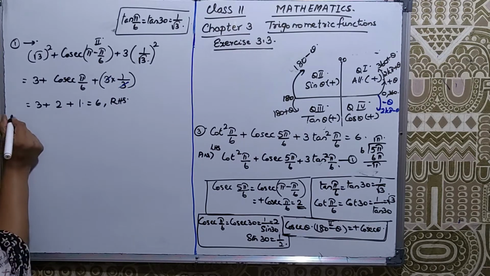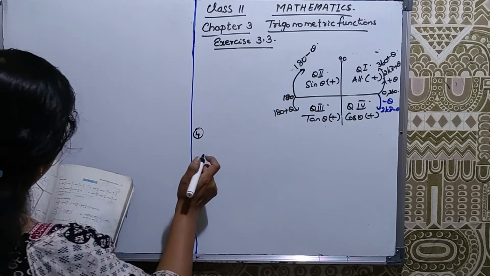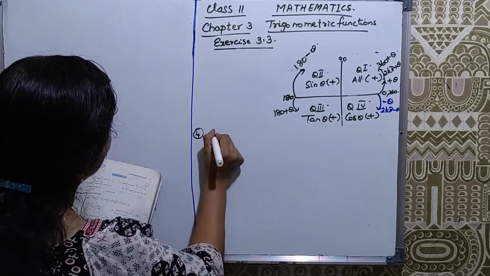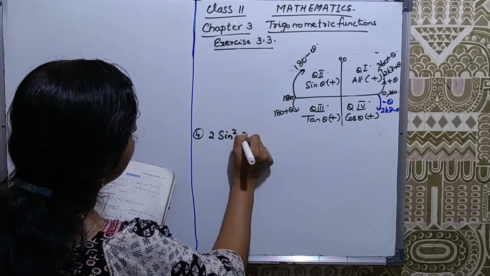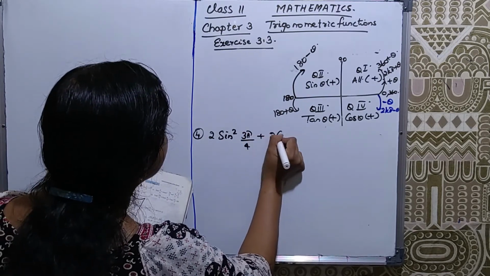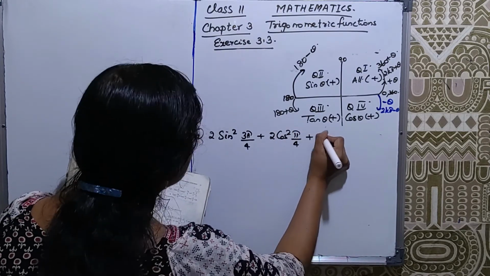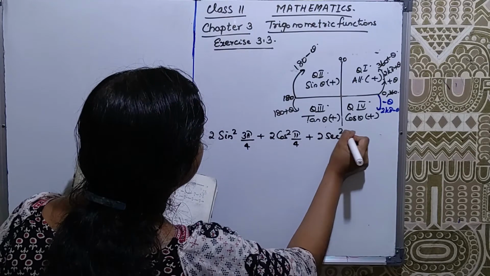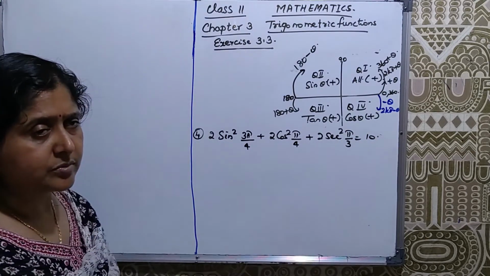Now we'll go to question number 4. So it will be 2 sine squared 3 pi by 4 plus 2 cos squared pi by 4 plus 2 sec squared pi by 3 equal to 10, which you have to prove.